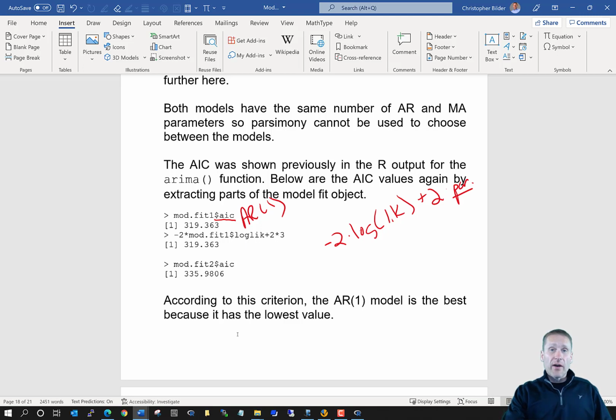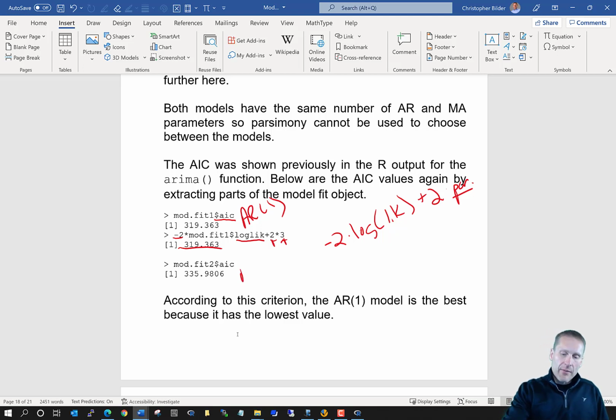So just to verify that R did the calculation right, let's take -2 times the log likelihood function, which I can pull out, evaluated at the parameter estimates from mod.fit1, plus 2 times the number of parameters I'm estimating, which is 3. Why is it 3? You've got phi1, you've got mu, you've got sigma squared w. And look at how it's exactly the same as what we got with the AR1 model.